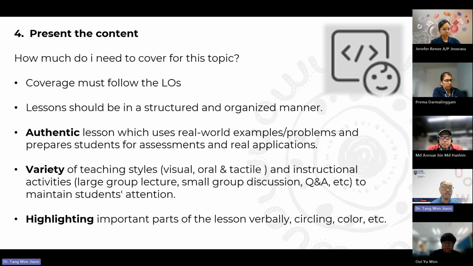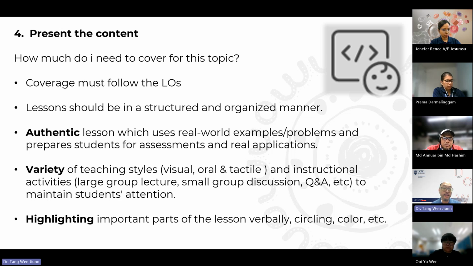Of course, variety over here, in the teaching style. Earlier on, I already mentioned the materials and the activities. Try to make a variety of activities, so that we can have their full engagement throughout the class.